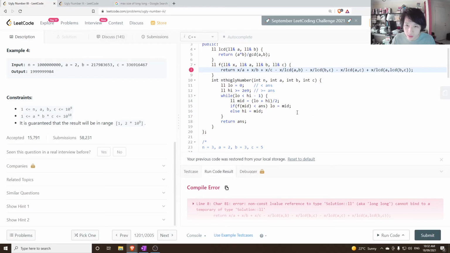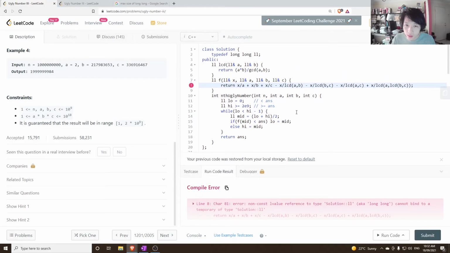Compilation error. Okay, a non-const lvalue reference to... Oh, okay. So the problem is here.